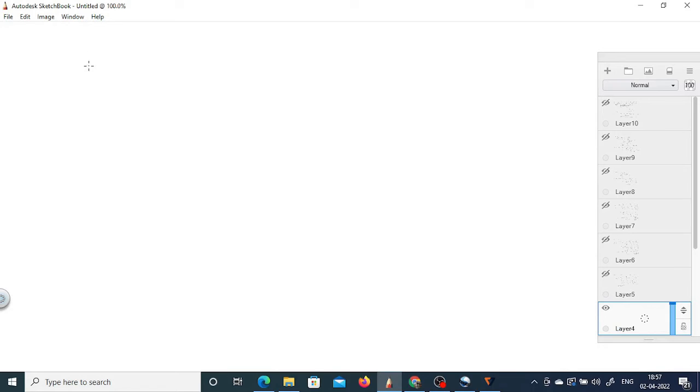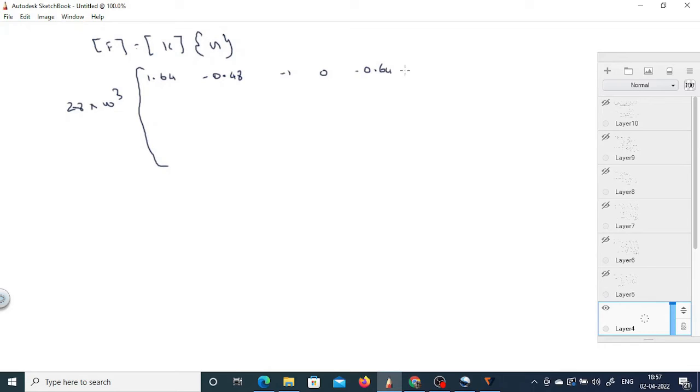The finite element equation is F is equal to K into displacement. The K value we found is 28 into 10 cube, and if I add the things I got: 1.64, minus 0.48, minus 1, 0, minus 0.64, 0.48.